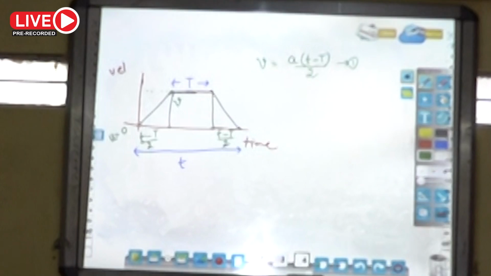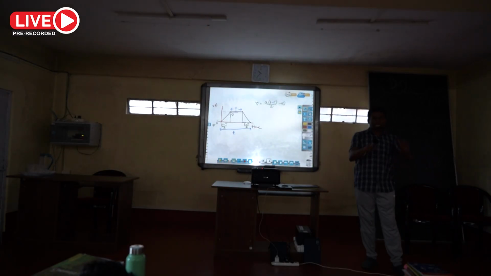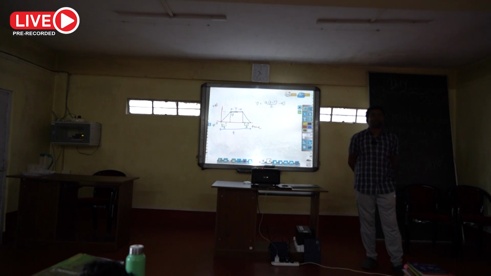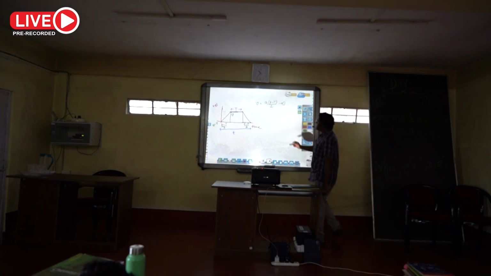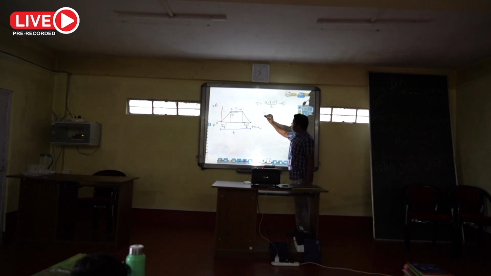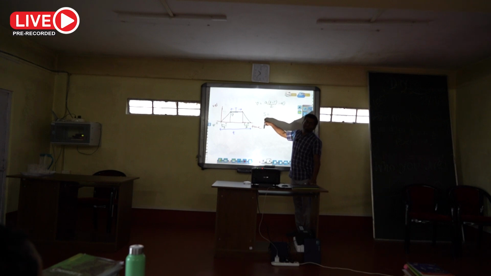Now, except the total time, another thing given in the problem is the total displacement, because the area of the velocity-time graph represents displacement. So simply calculate the area of this trapezium, that will be equal to displacement.